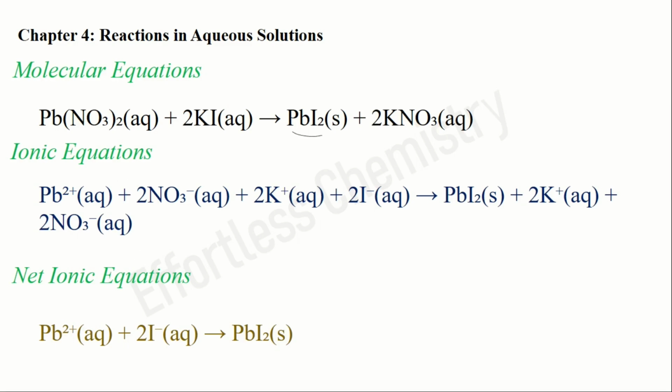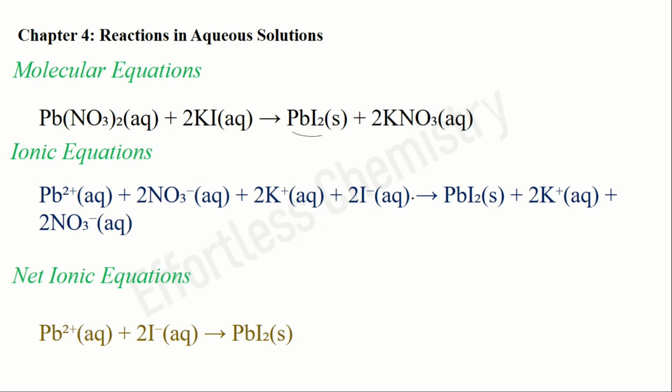However, on the other hand, as you can see in the ionic equation, we have ions in the reagents that remain the same in the products. We call them spectator ions, like nitrate and potassium, which are exactly the same.